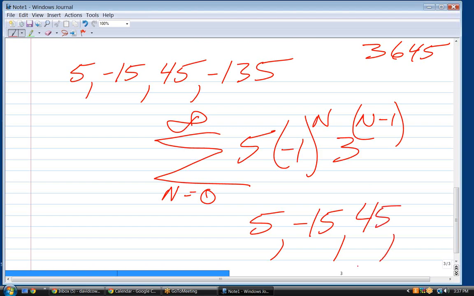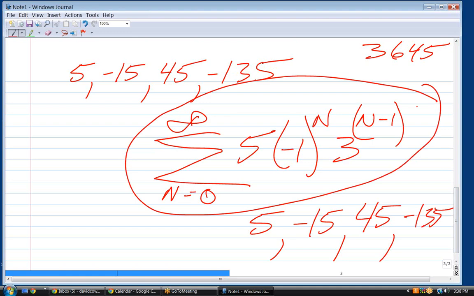And then the fourth term would be n equals 3. So now I get negative again, and 5 times 3 cubed, 27, which is that number right there, -135.